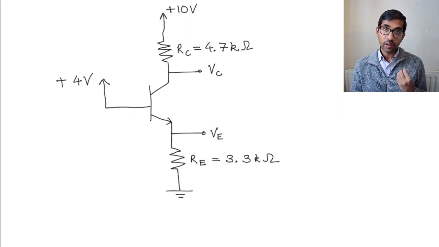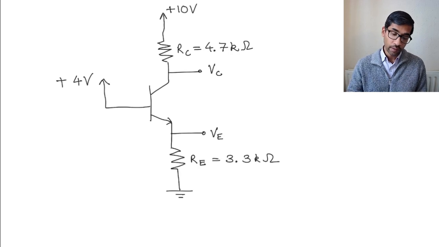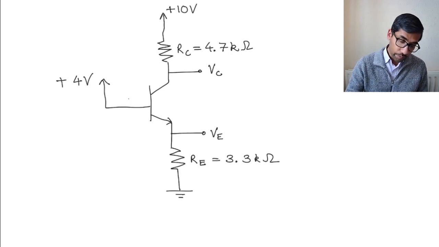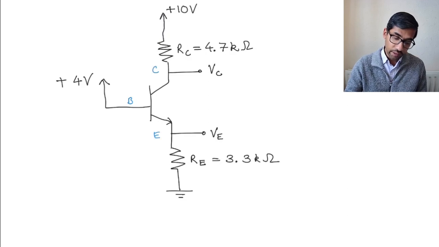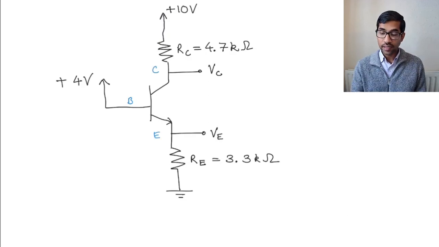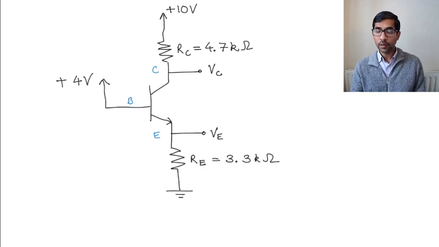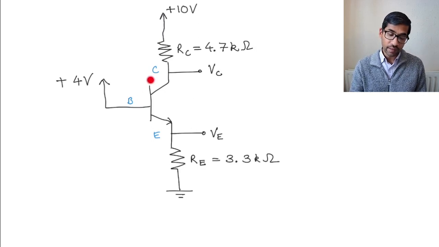So if it is in the active mode, this is the base, this is the collector, and this is the emitter, right? What do we know about the active mode? We know that the base collector junction is reverse biased and the base emitter junction is forward biased.